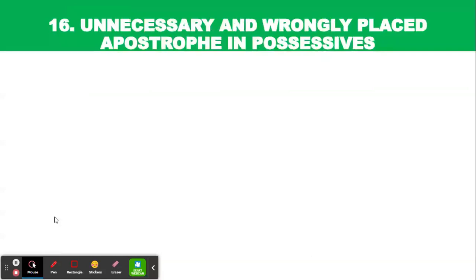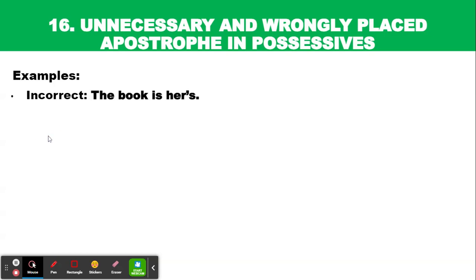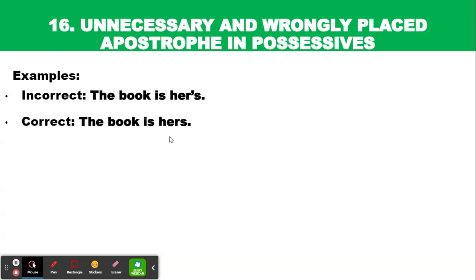Okay? Number 16, unnecessary and wrongly placed apostrophe in possessives. The other one, we saw omission, complete omission. But here you are using a possessive apostrophe unnecessarily, where it is not necessary at all. For example, it is incorrect to say "the book is her's," putting an apostrophe before s. The correct thing is, the book is hers.